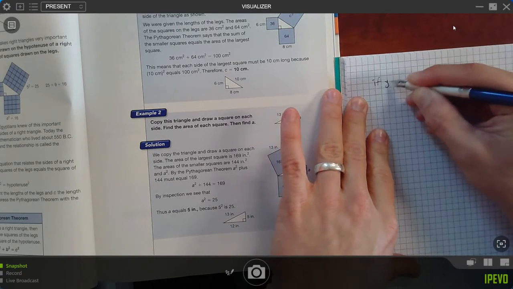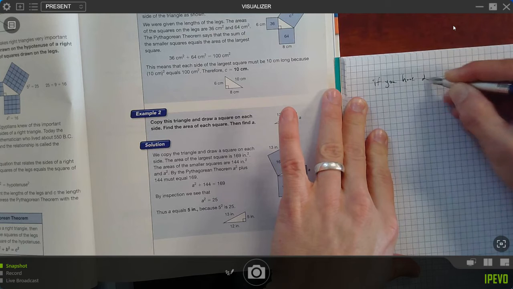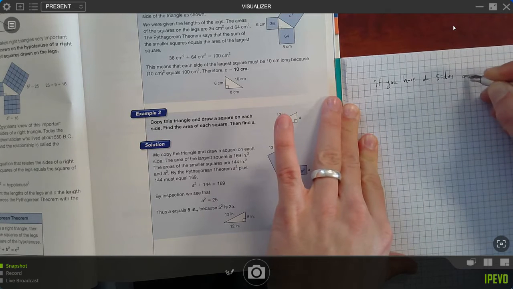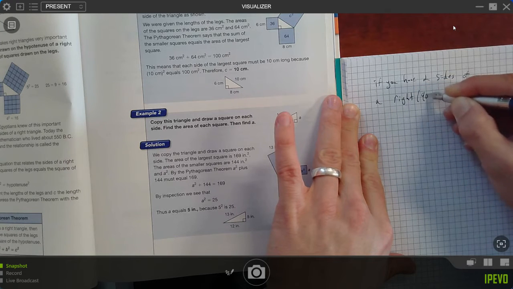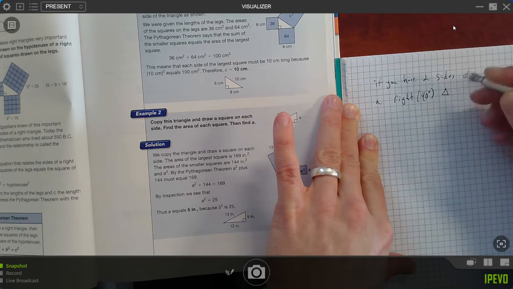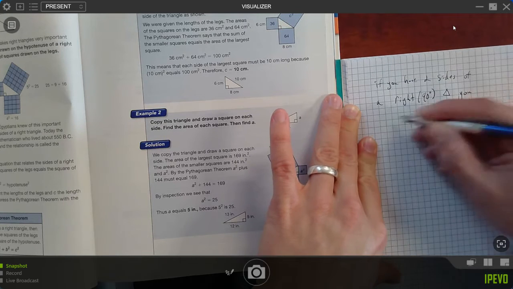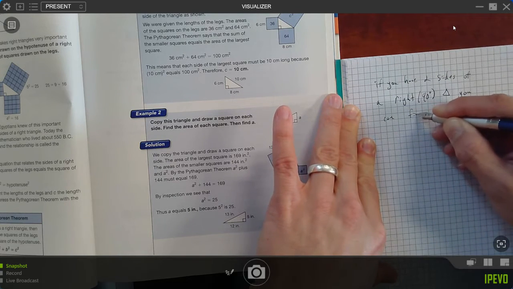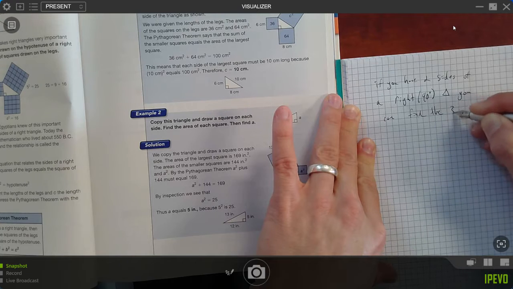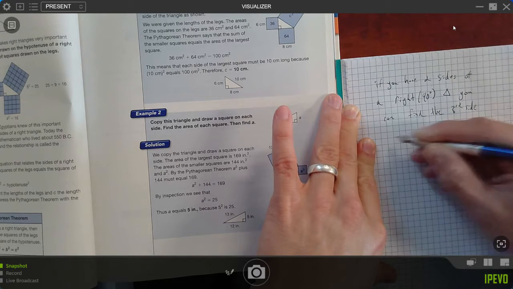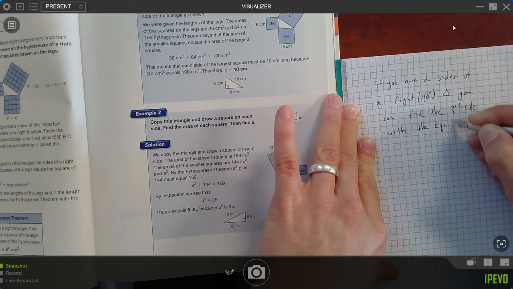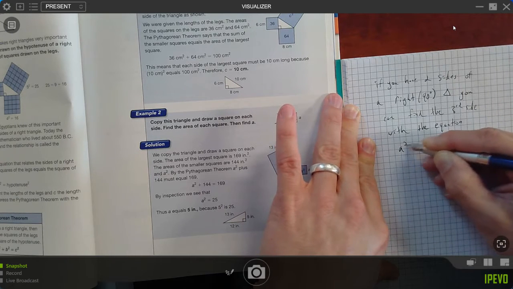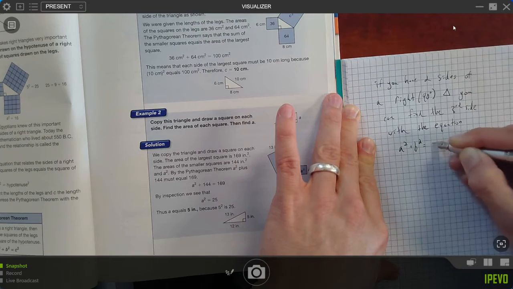If you have two sides of a right 90-degree triangle, you can find the third side with the equation a squared plus b squared equals c squared.